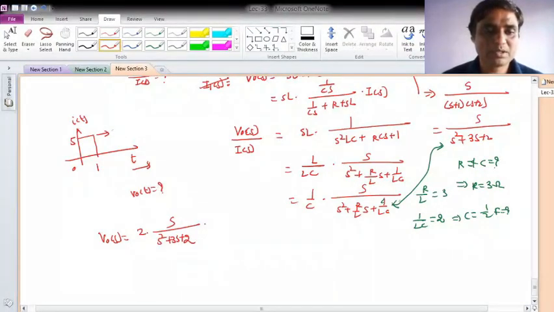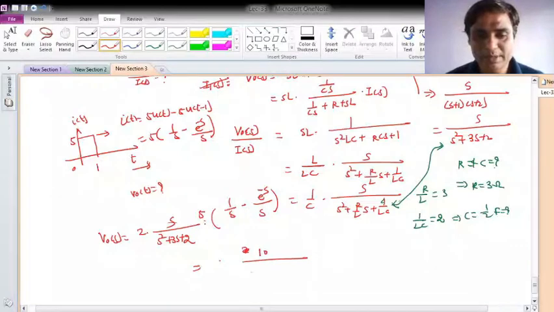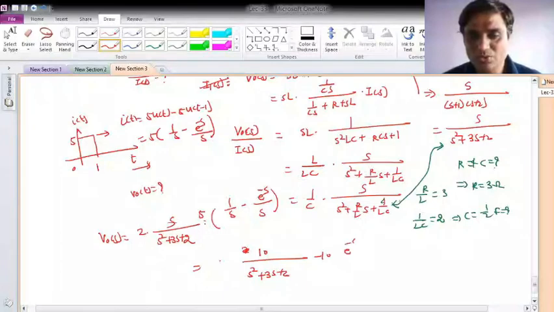So what is the Laplace transform of it? I of t will be 5 u of t minus 5 u of t minus 1, which is 5 times (1 over s minus e raised to minus s over s). Multiplying this, s will cancel, so it will be 10 divided by (s square plus 3s plus 2) minus 10 e raised to minus s over (s square plus 3s plus 2).